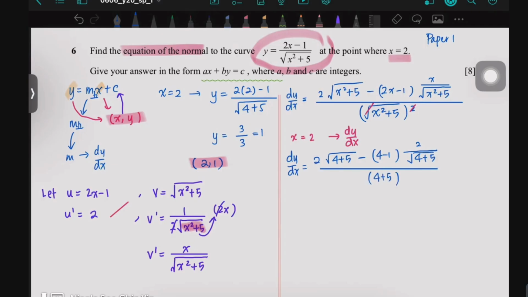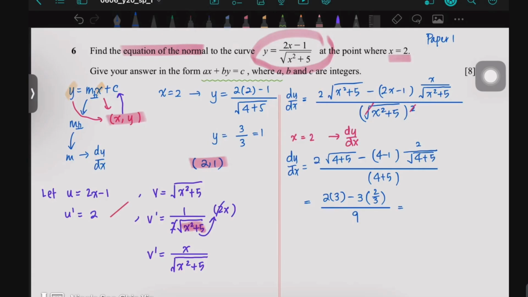Okay, the entire whole thing is 2 times 3 minus 3 times 2 over 3, over 9.